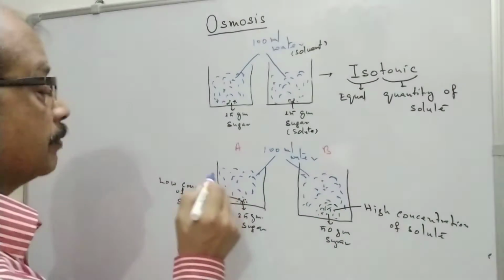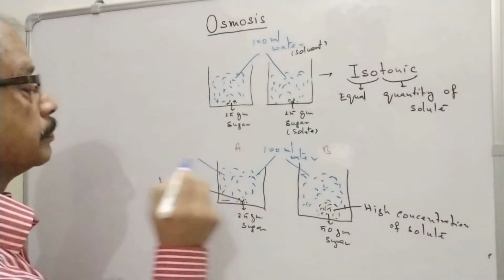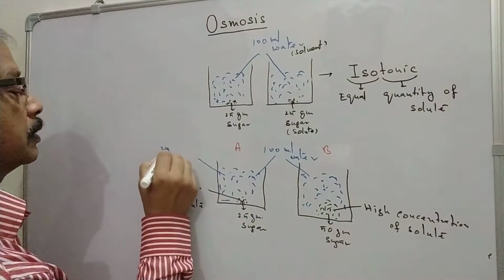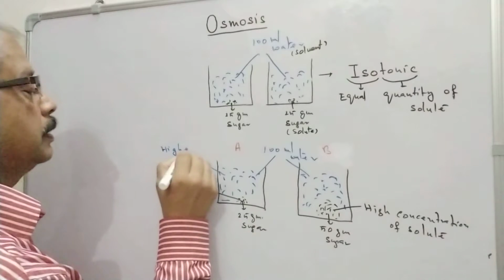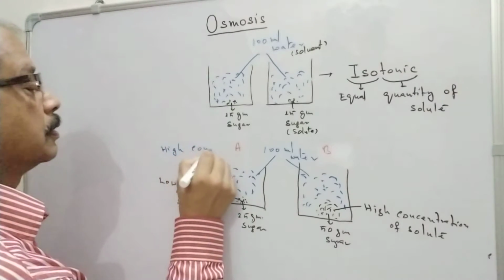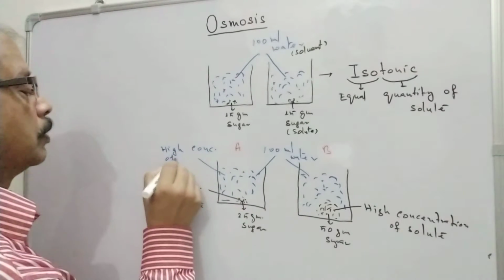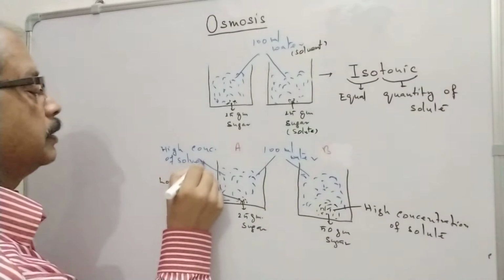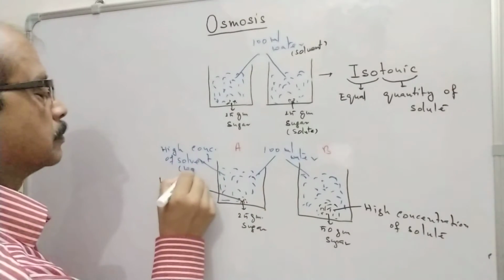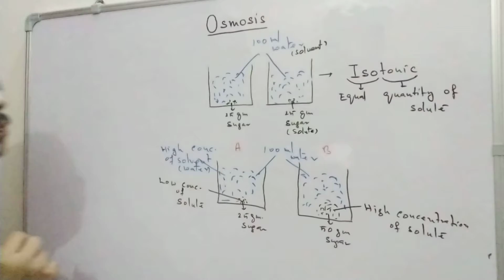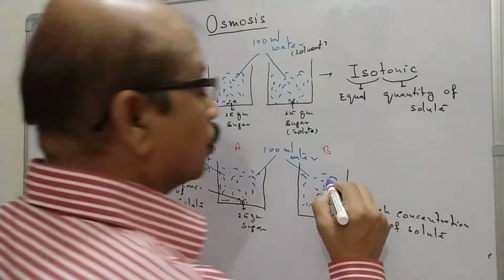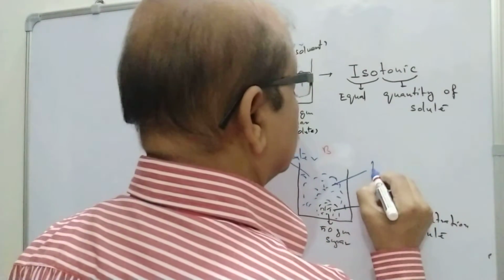So the quantity of solvent is more here, high concentration of solvent. Here solvent is water. Here low concentration of solvent.